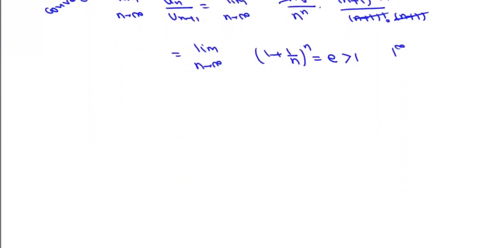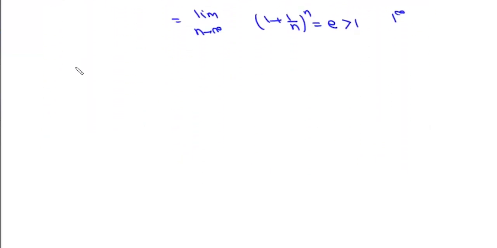Now let us take another example. Suppose we have to test the convergence of this series 1 plus x square upon 2 plus x to the power 4 upon 4 plus x to the power 6 upon 6 up to infinity.